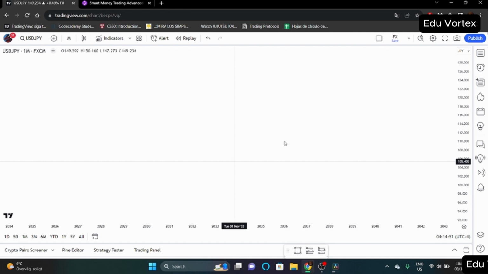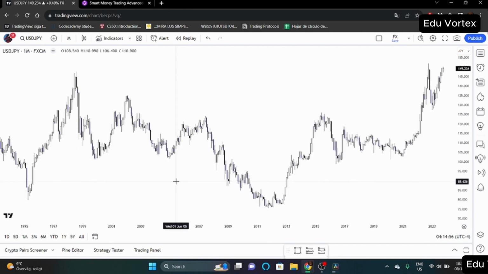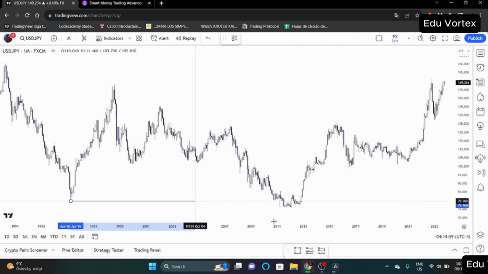Let's remove this and let's go to the chart. Where's the higher time frame? Right here. Accumulation, reversal.